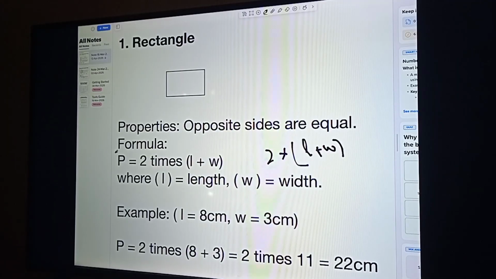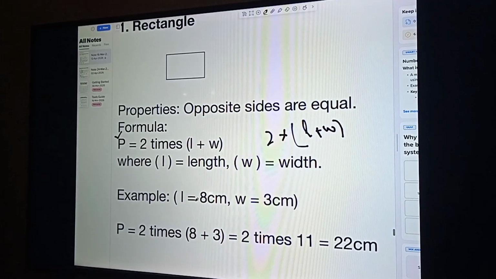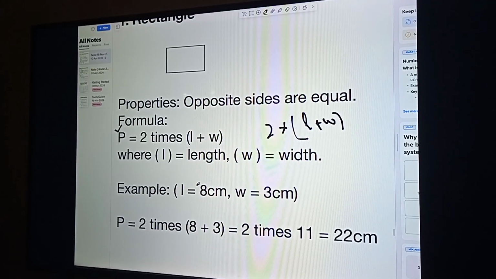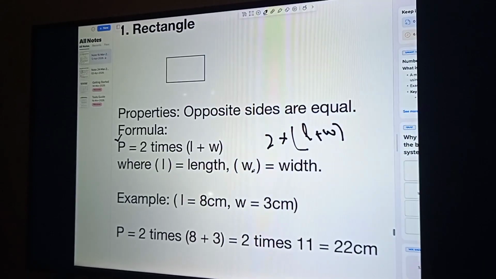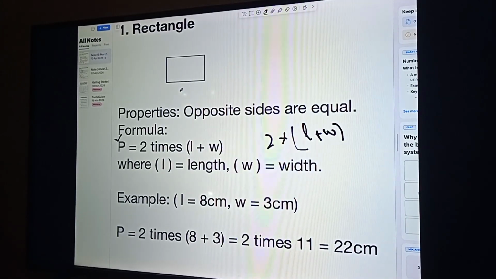Perimeter is represented with P, and this is equal to 2 times (L plus W), where L is for length and width is represented by W. For example, the length of this rectangular shape is 8 centimeter and width is 3 centimeter.